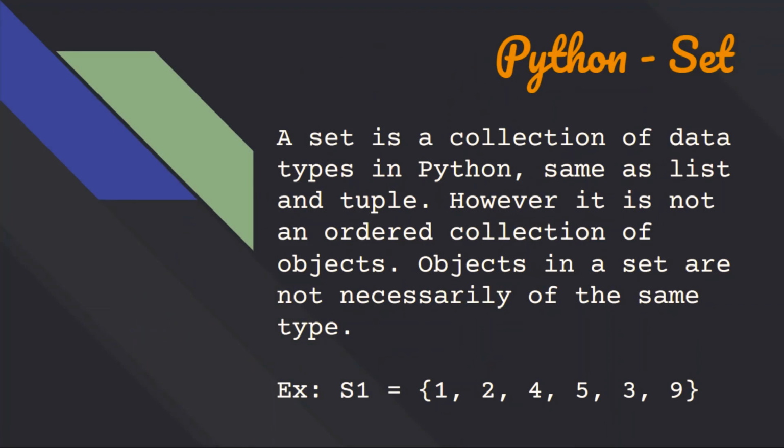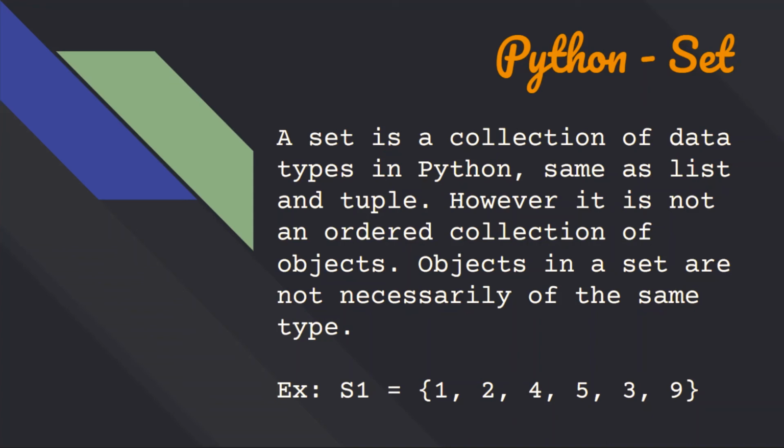Now what is a Python set? A set is a collection of data types in Python, same as lists and tuples, but it is not an ordered collection of objects. Objects in a set are not necessarily of the same type. What do I mean by the same type? I have defined an example here: S1 equals a set of all integers.